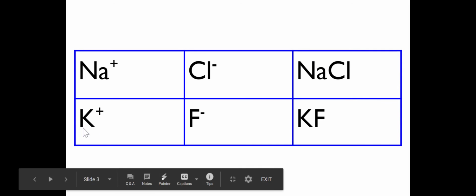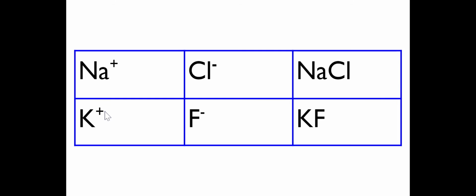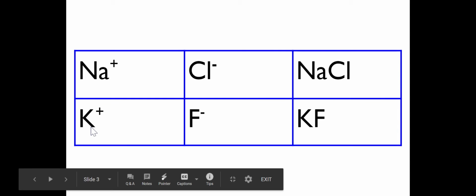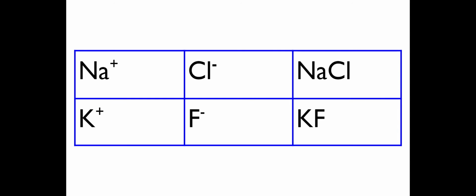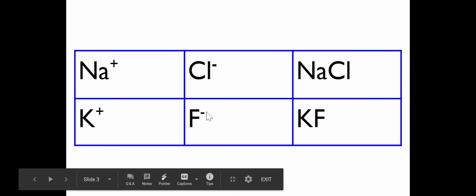Okay, when potassium is reacting with fluorine, again we put metal first and non-metal after that, and the total positive charge needs to equal the total negative charge. For this one, it's positive 1, meaning potassium gives away 1 electron, fluorine receives 1, so they balance up.